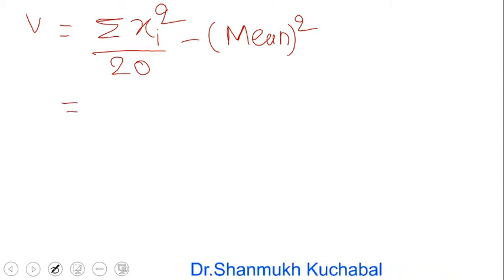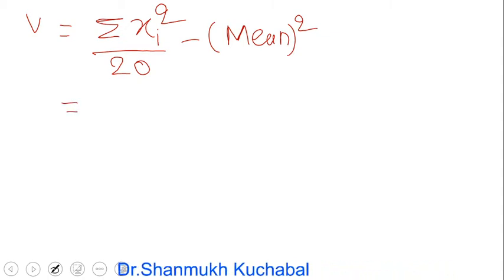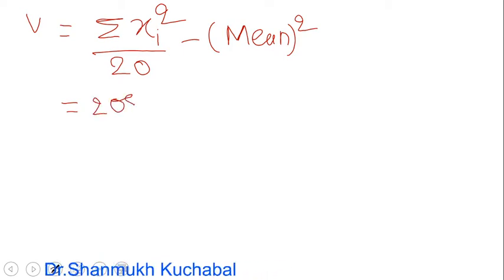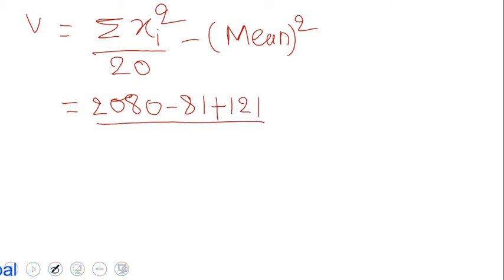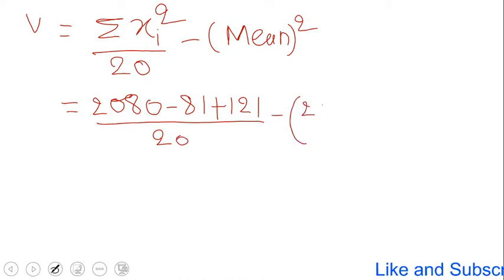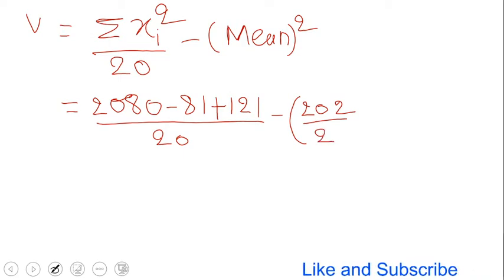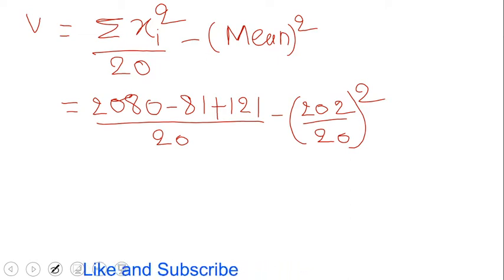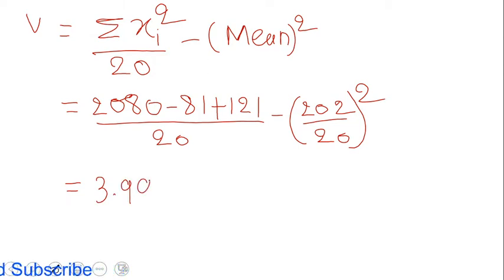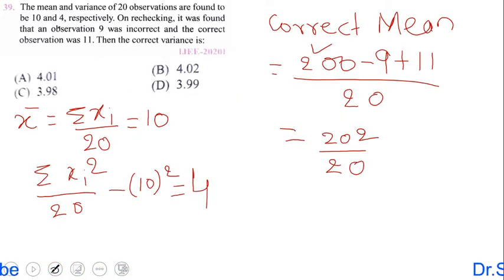So summation of xi square is 2080 minus 81 plus 121, whole divided by 20, minus the mean, which is 202 divided by 20, whole square here. So we have to solve this expression. Solving, we get the answer as 3.99. So the answer is 3.99.